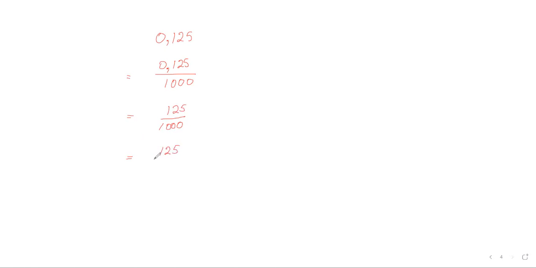Look for a common number that can divide on the denominator and the numerator. We divide here by 25. We also divide there by 25.